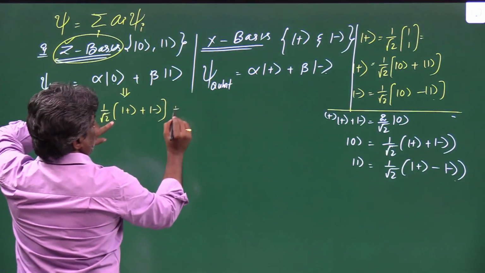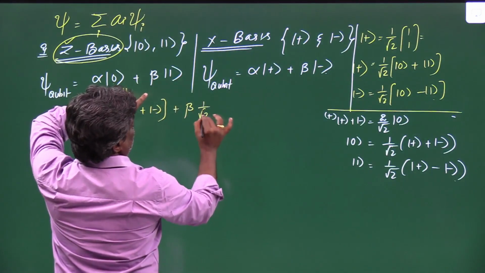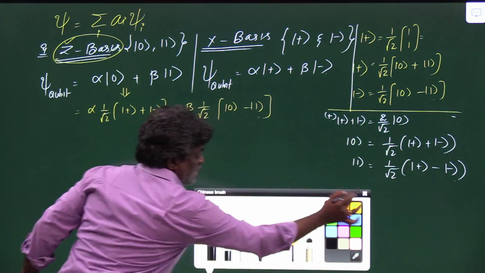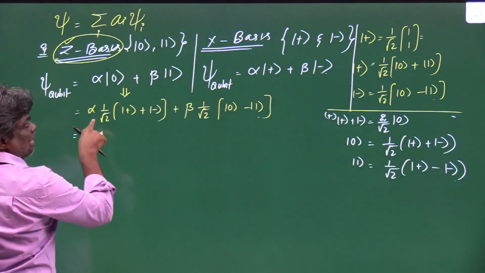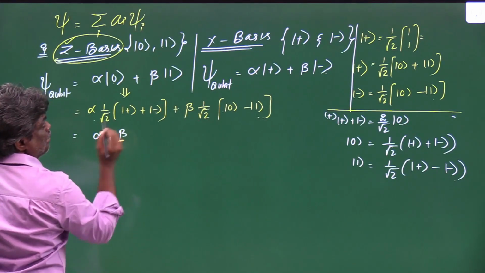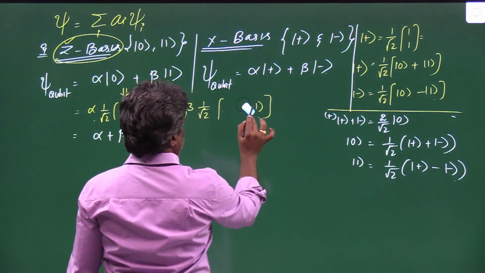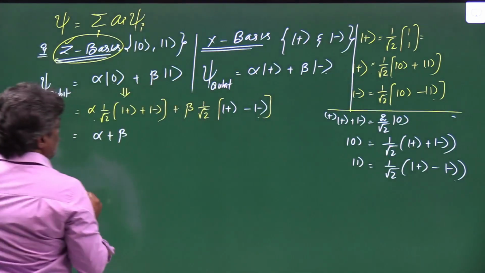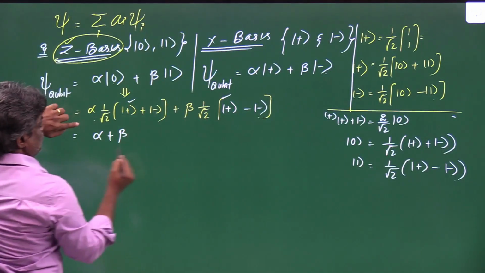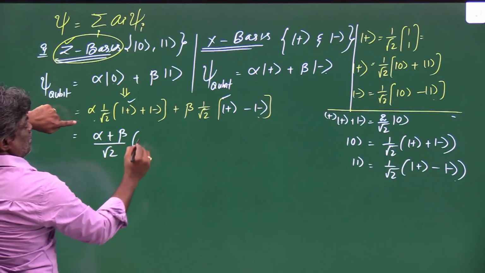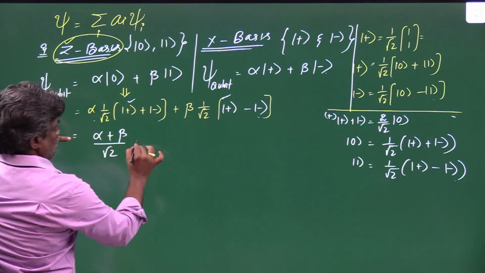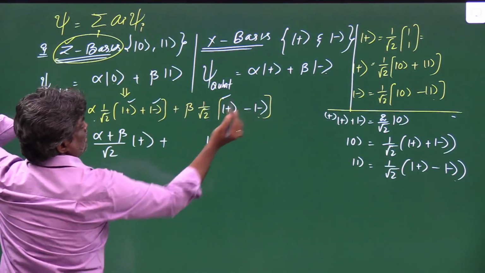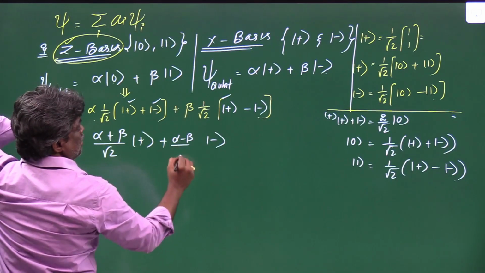Plus beta times 1 by root 2 (ket plus minus ket minus). Now please take a common plus. Next, take common minus. Then it is (alpha minus beta) by root 2.